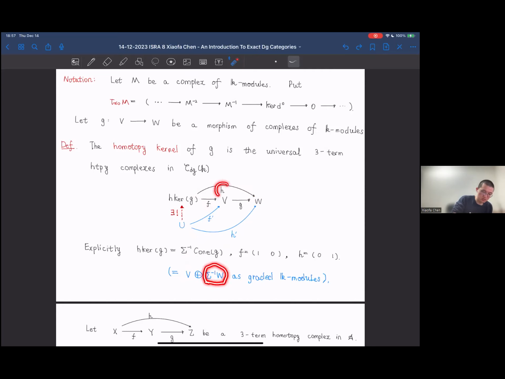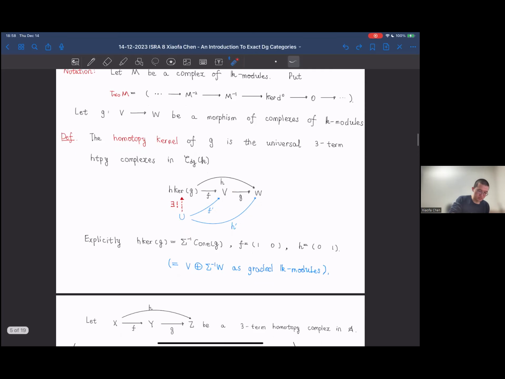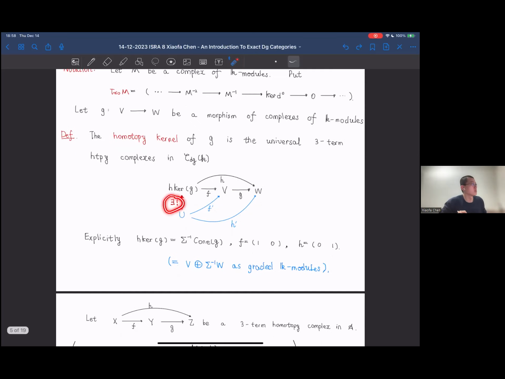So it's degree -1, and we can check that the differential of H is the difference of G and F. And the universal property can be checked easily. Yeah, this map will be given by these two components into the sum of these two. And we can check that this is a morphism of complexes.